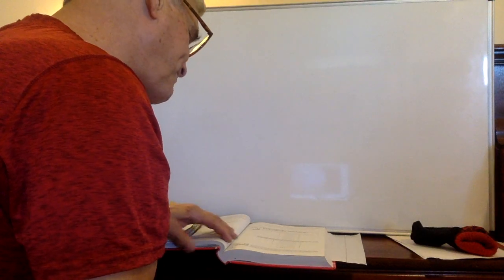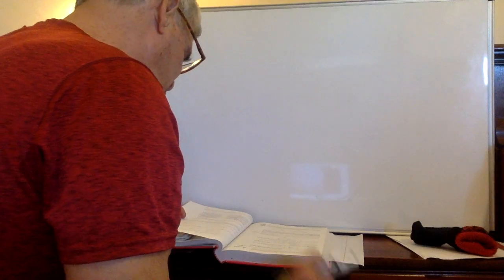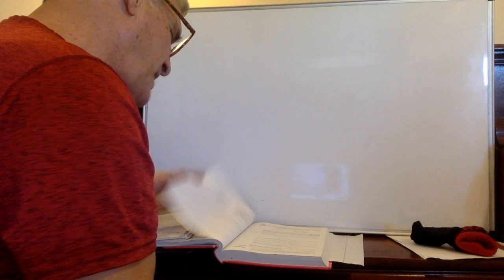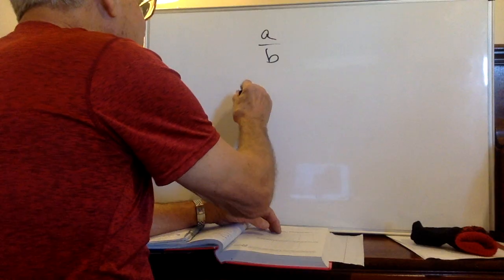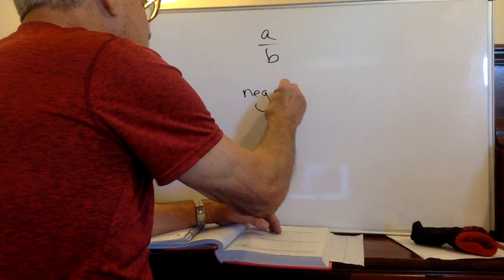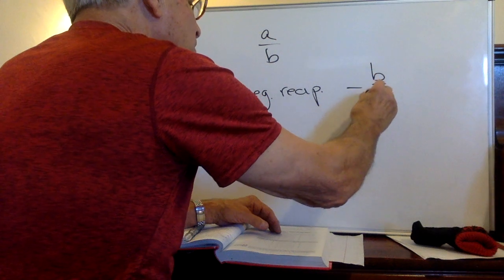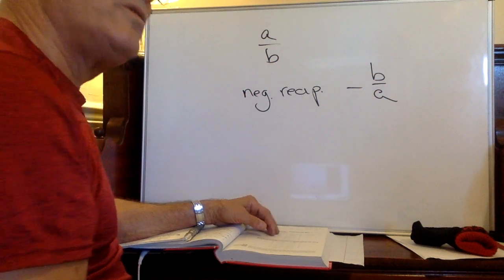And the next section is predominantly geometry, with the exception that they do talk again about negative reciprocals. If I have A over B, the negative reciprocal is, you turn it over and negate it. So the negative reciprocal of A over B is negative B over A.